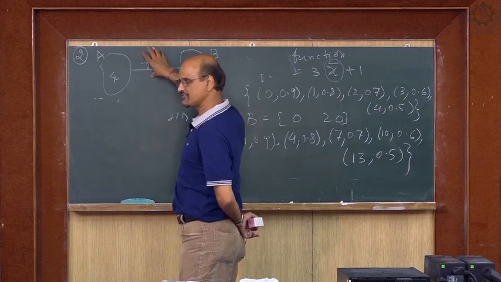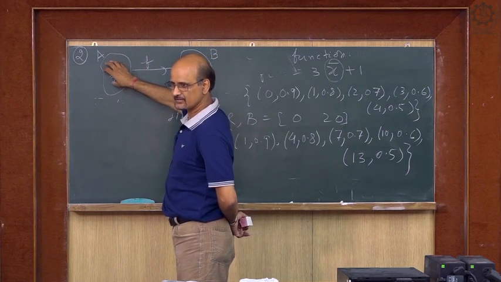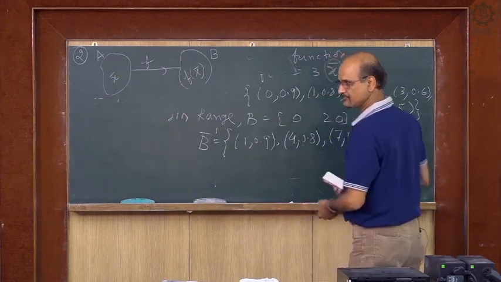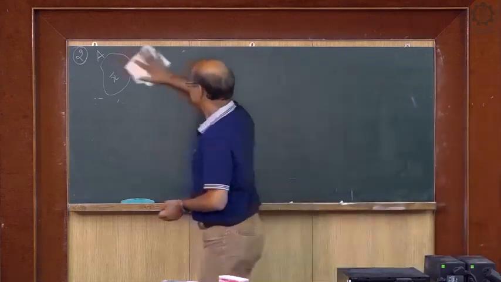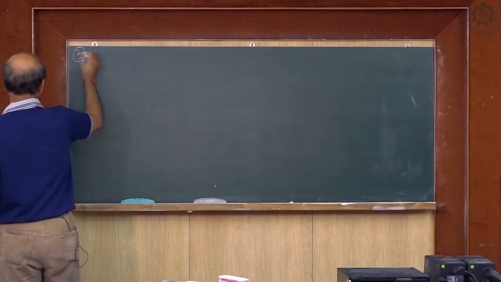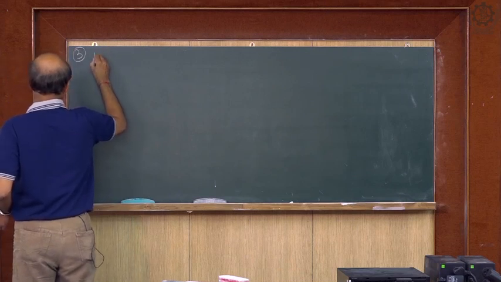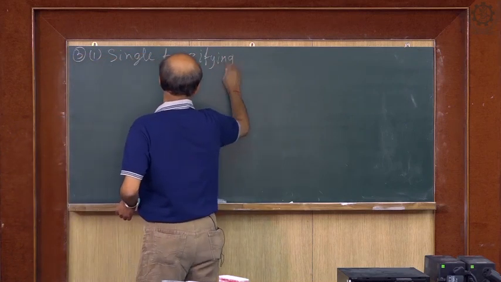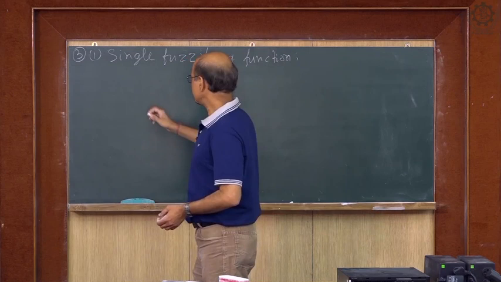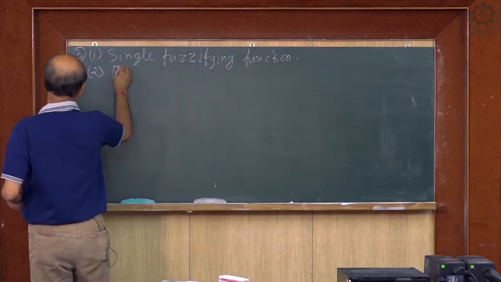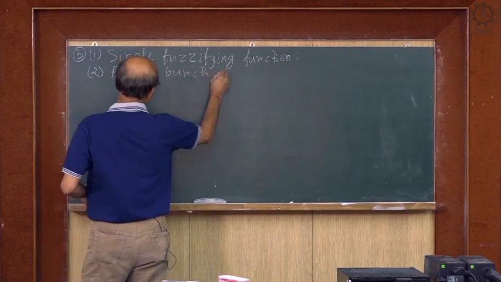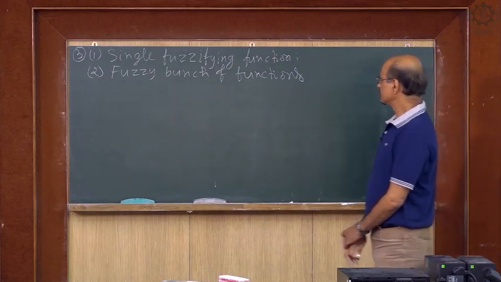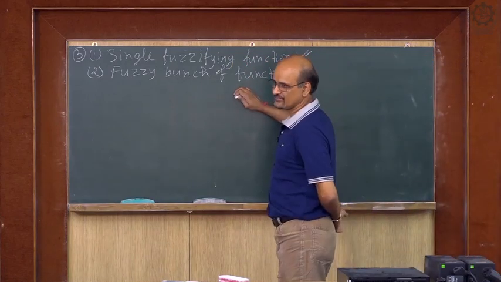In the second type, f is crisp, but some independent variables are fuzzy, and it propagates to the range. In the third type, we have two kinds: the single fuzzifying function, and the second is the fuzzy bunch of functions. Let us do the first one, the single fuzzifying function.